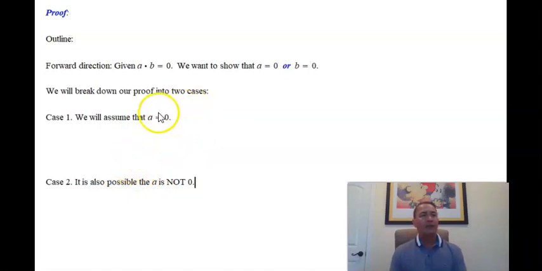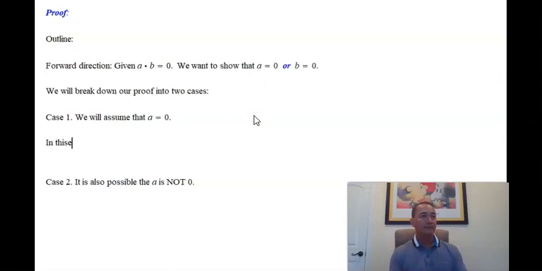Okay, so what happens if A is already 0? Well, this says we want to show that A equals 0 or B equals 0. Well, if A is already 0, that conclusion is already true because we're only required to show that either A is 0 or B is 0. So I'm going to write this.